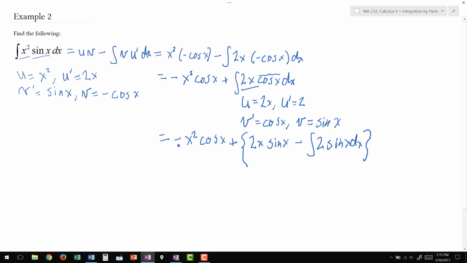So I now have an integral, let me clean this up a little bit, that I think we can do.